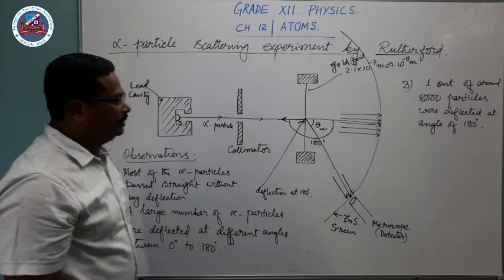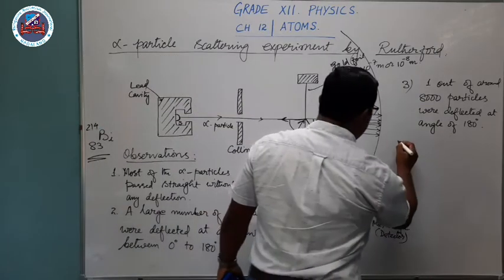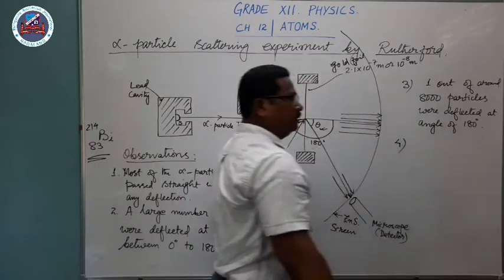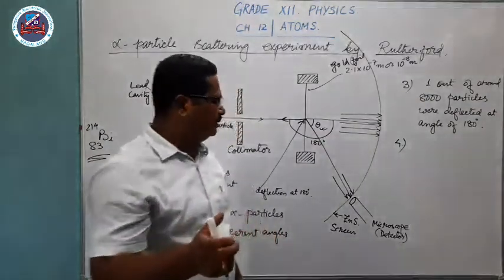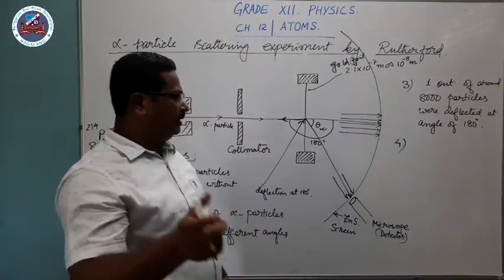And the fourth point observed is the number of alpha particles deflected at different angles.